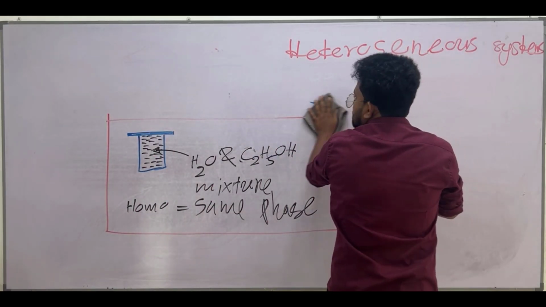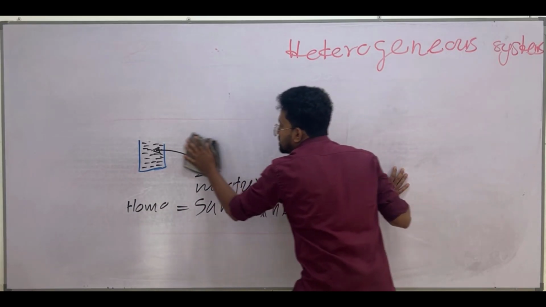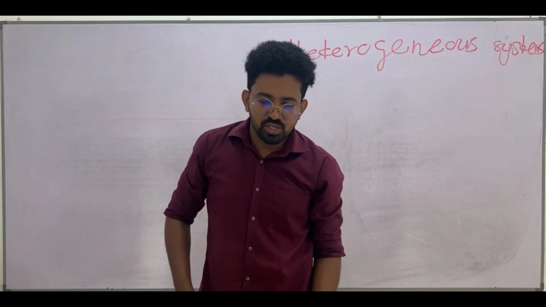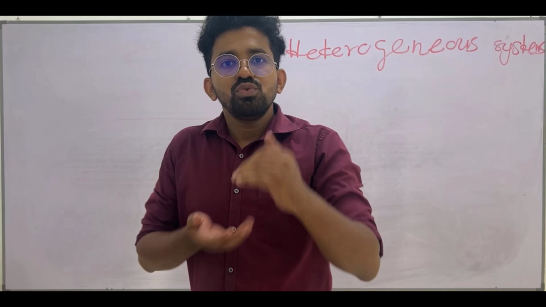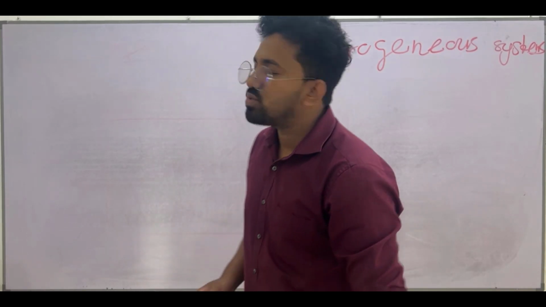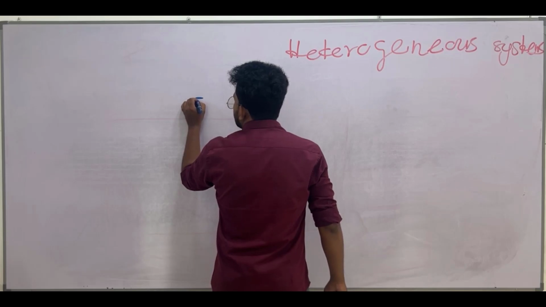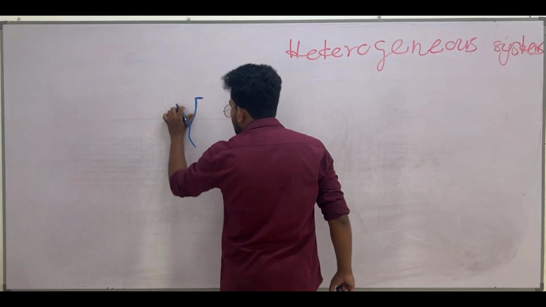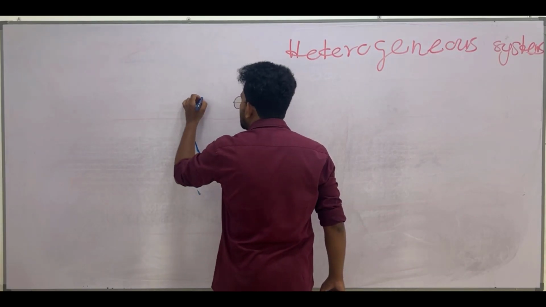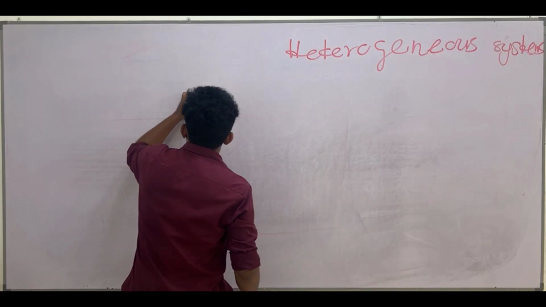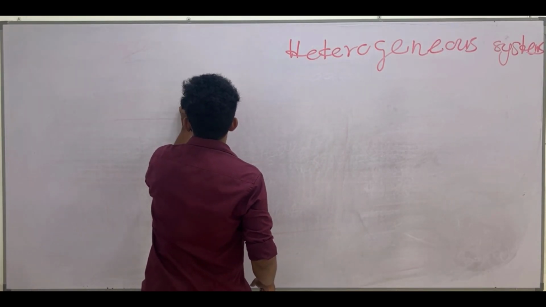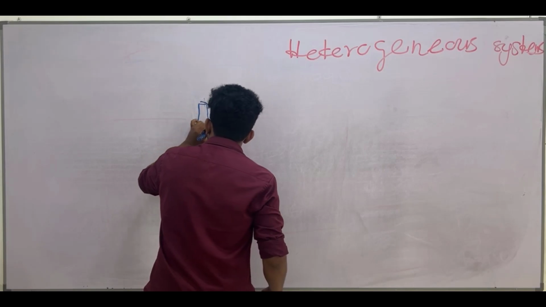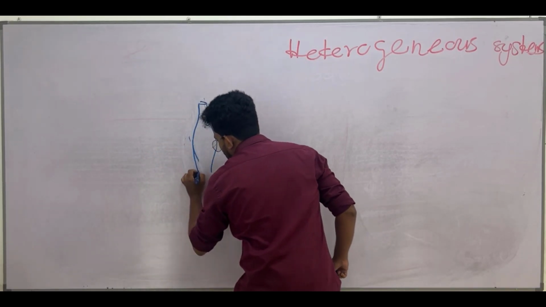And if the system is heterogeneous, the things inside the system need to have two different phases. If we consider a flavored drink bottle, here I'll draw that one. It goes like this.